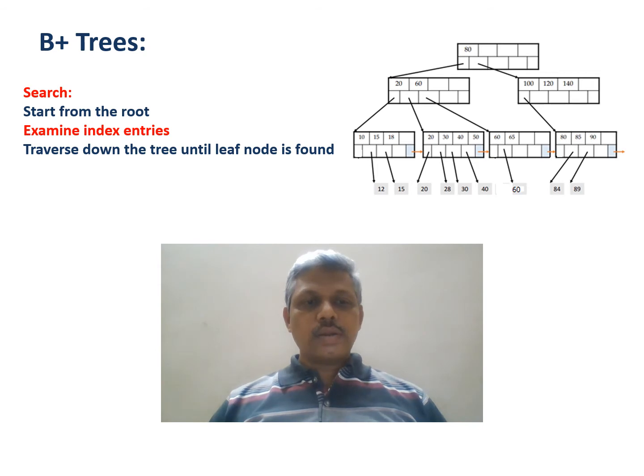So the third pointer points to the node which starts luckily with 60, and once 60 is identified, again you can go for the second pointer, which starts between 60 to 65 inclusive of 60. So the second pointer points to the data record with 60. That is where you can observe the record with the value 60.